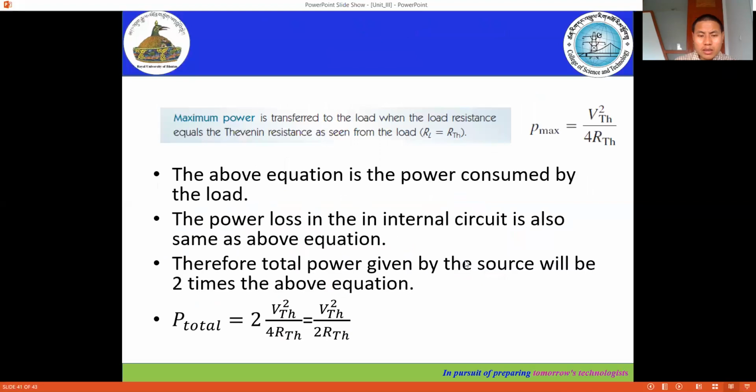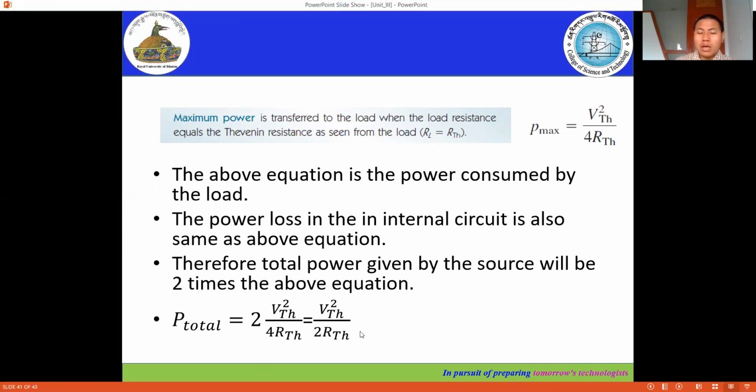So our P total will be equal to 2 times VTH squared divided by 4 RTH, which is the same as VTH squared divided by 2 RTH. This is the total power supplied by the source, and the maximum power delivered to the load will be half of this total power.